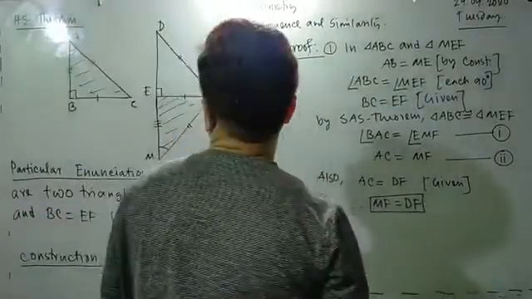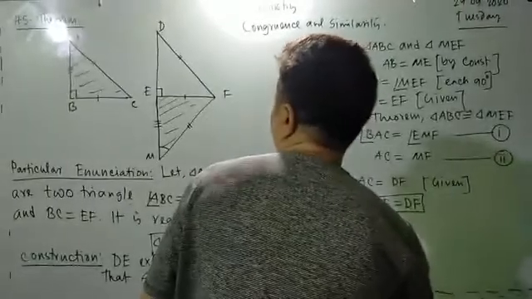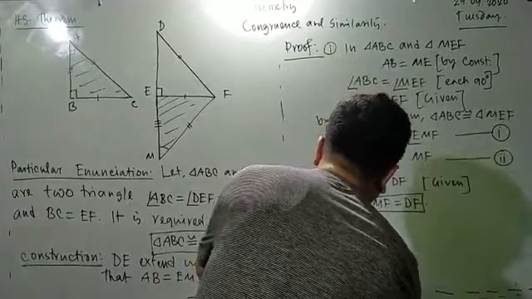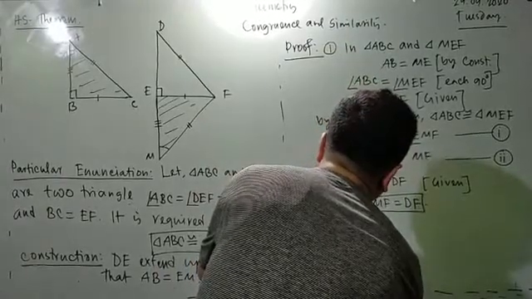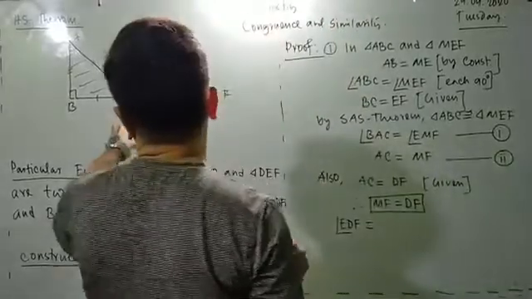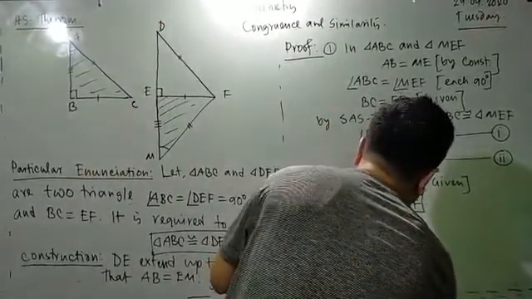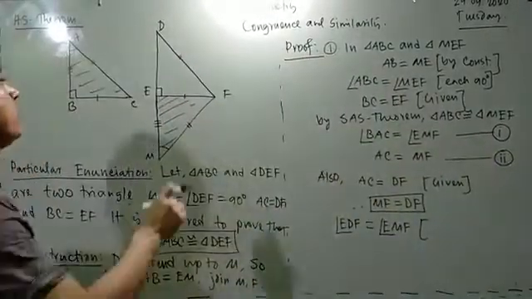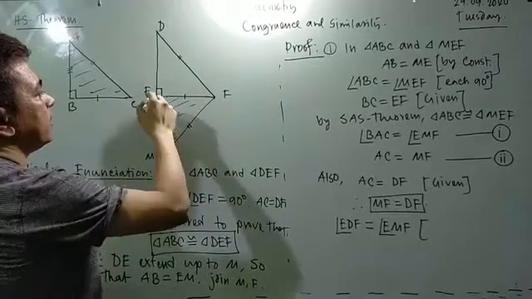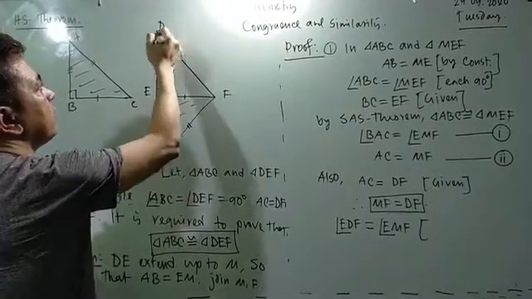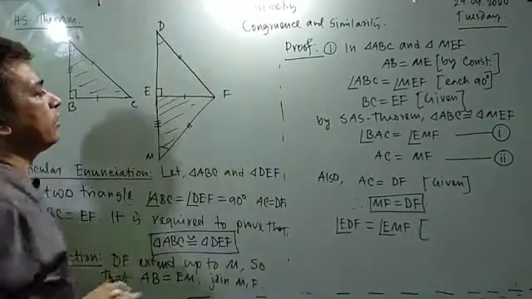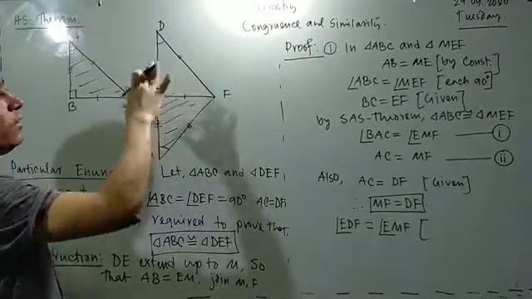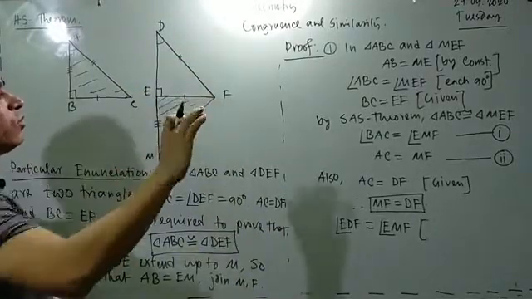Okay, and we can write angle EDF equals angle EMF. Why can you write this? Look at that, this angle, this one and this one are equal, because if you think of just FDM, this is one triangle, so this EF is the common side.